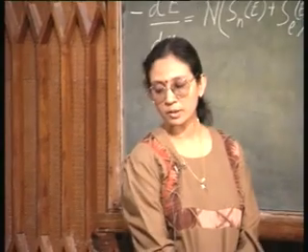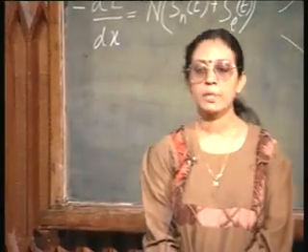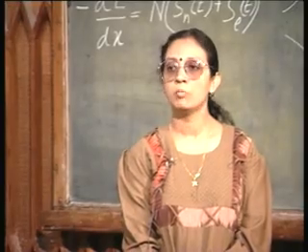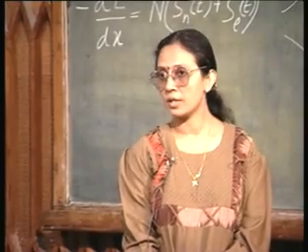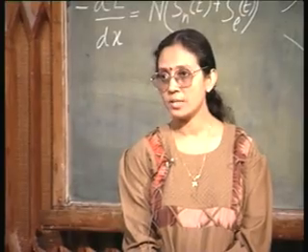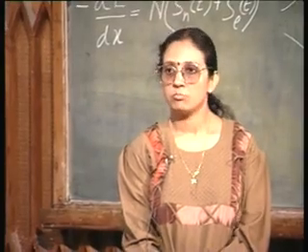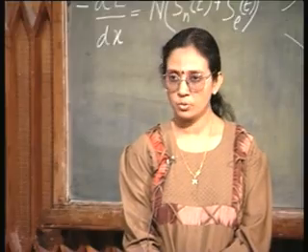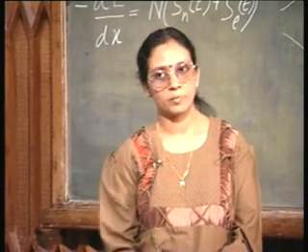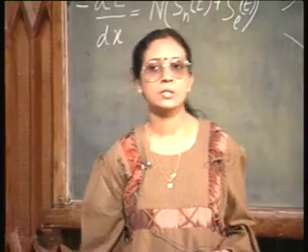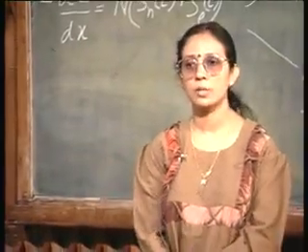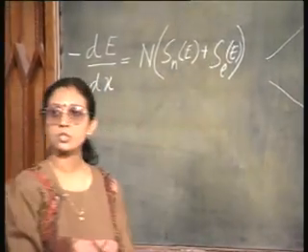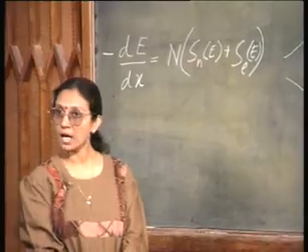In other words, what I am trying to say is that the rate of energy loss is proportional to both the number of target atoms per unit volume as well as the sum of these two stopping mechanisms, nuclear stopping and electronic stopping. How exactly are nuclear stopping and electronic stopping related to energy? Notice that both of them are functions of the ion energy.